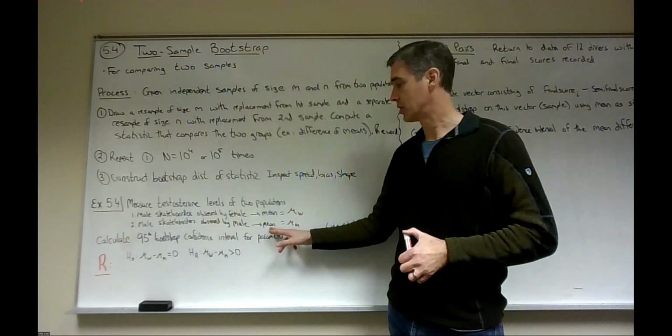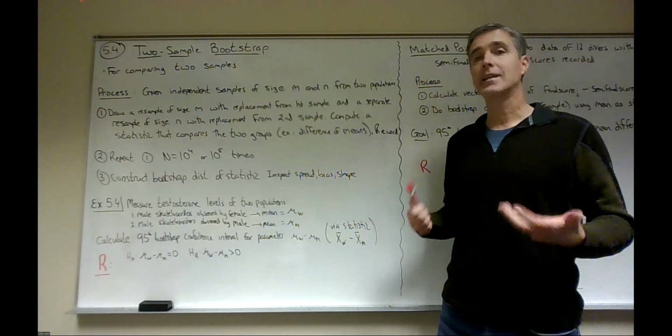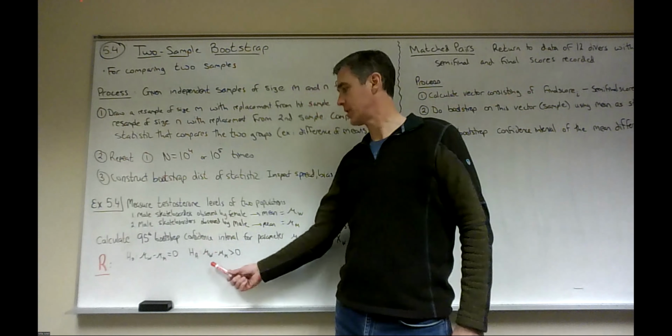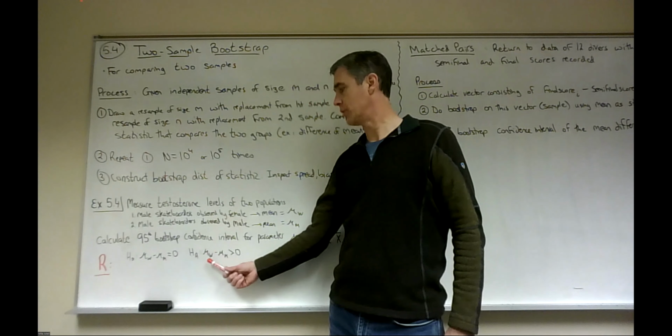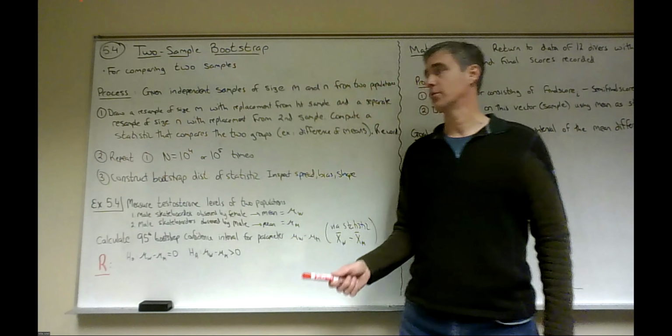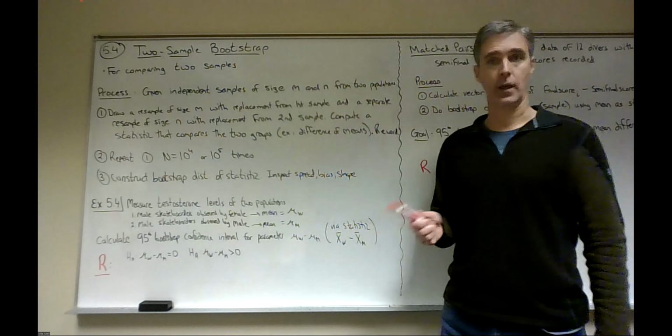Their population mean testosterone level would be mu sub M, all right? And we'd like to ask a question: are the testosterone levels the same? Or is the mean testosterone level of the male skateboarders being observed by a woman larger than the mean testosterone level of the male skateboarders being observed by a male, okay?